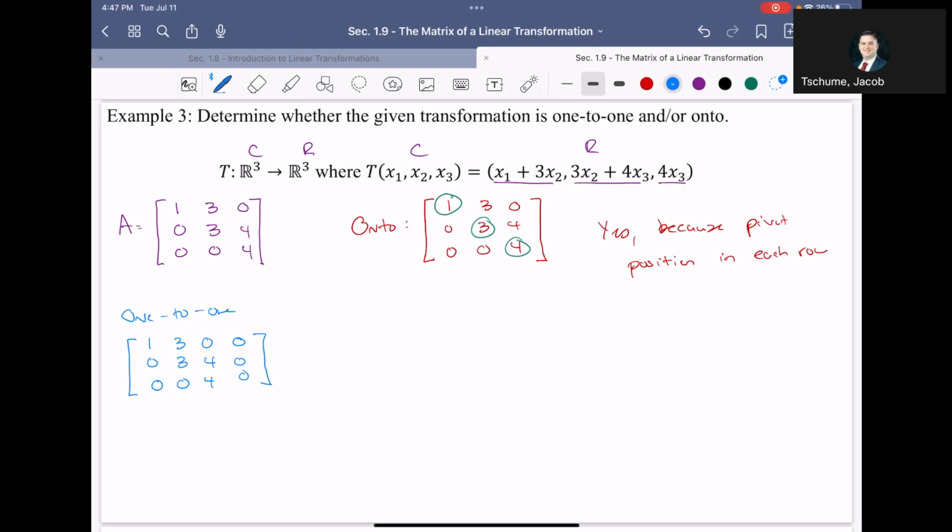Looking at this, the first thing I would do is take row 1 and subtract row 2, because the first column's good. I'm just trying to get rid of that 3 at the top of the second column. That would end up being 1, 0, -4, 0, and then we'll leave everything else alone.